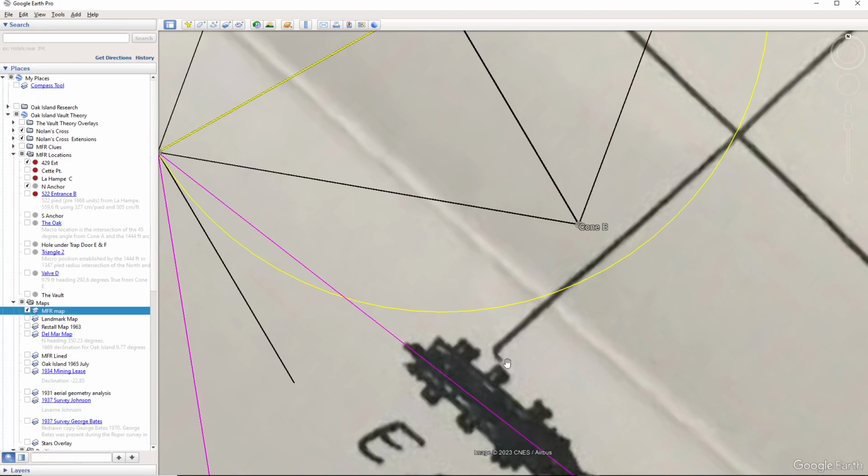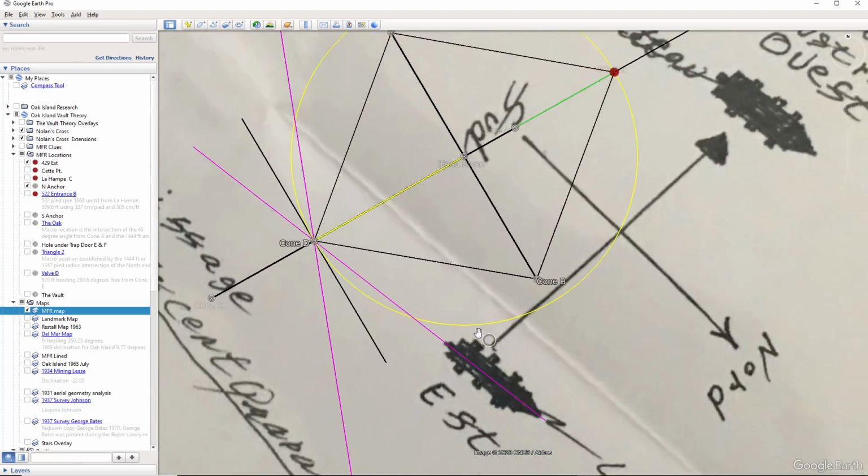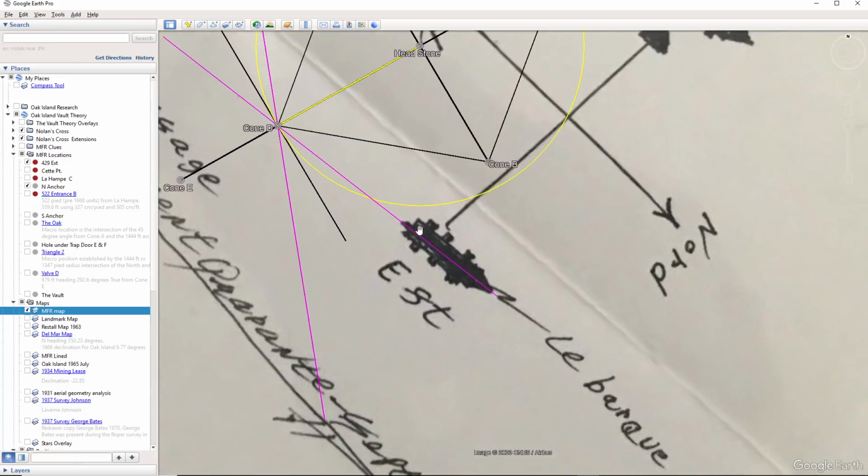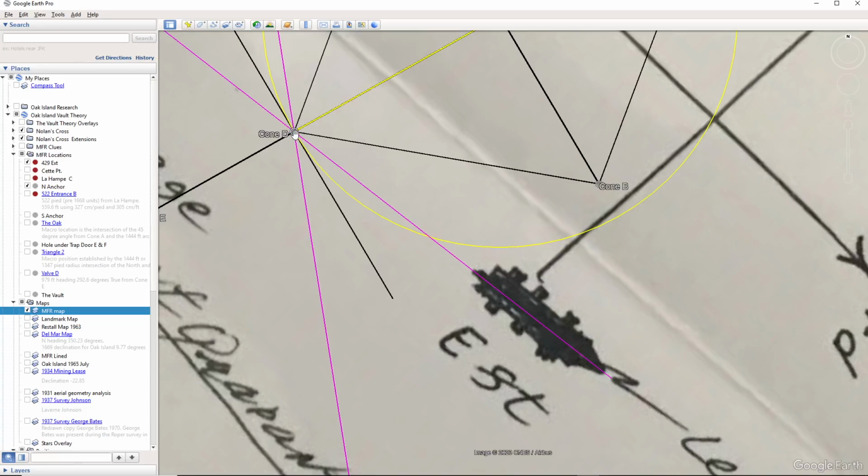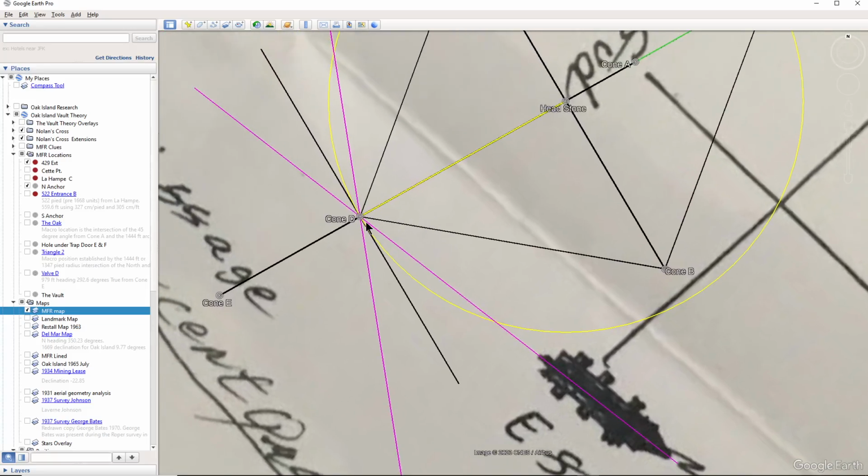And what I determined this could mean is that we're taking a measurement from whatever comes out of the bark, which is right here, and this alignment with the bark down the center, they intersect at this point. Now at this point right here, that is cone D.